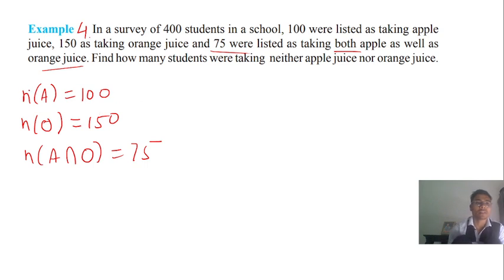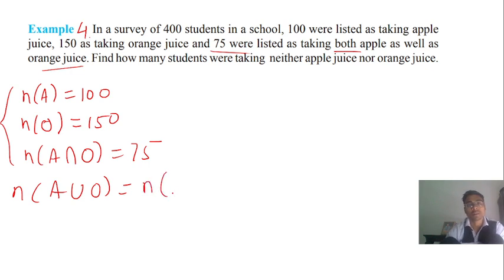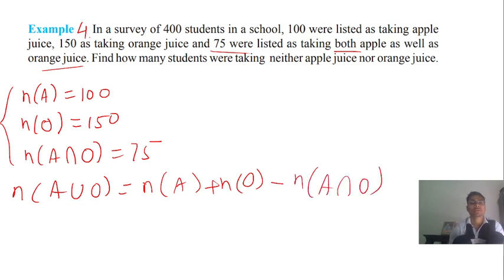With the help of all three data points, we can find the union of A and O, meaning students who are taking either apple or orange juice, by this formula: the number of apple students plus the number of orange juice students, minus the number of apple intersection orange.